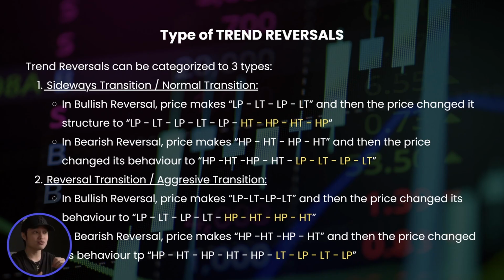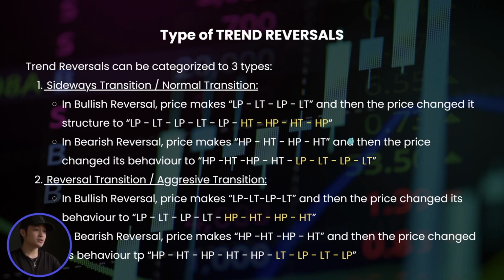When the price is about to change from bullish to bearish, in this case a bearish reversal, the price changes its behavior: higher peak, higher trough, higher peak, higher trough, and then the price starts to fail to create another higher peak, and it creates a lower peak instead of a higher peak. So the price makes lower peak, lower trough, lower peak, and then the last lower trough is our trend confirmation as the trend has already reversed.